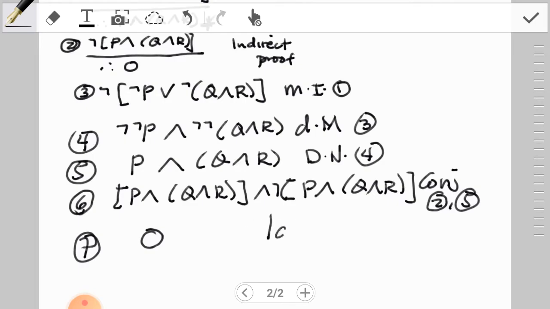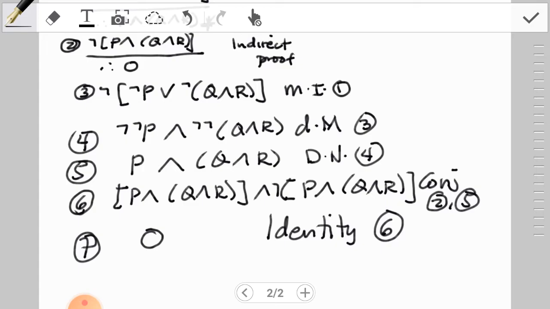And this is now using the identity property under line number 6. Look at this. This is now treated as a single proposition. You have your P and not P, and P and not P is equivalent to 0 using the rule of identity.